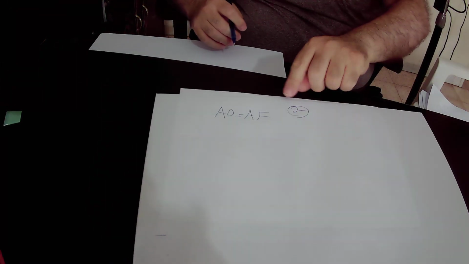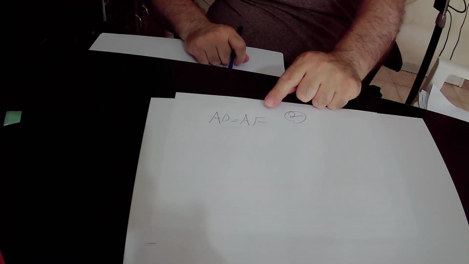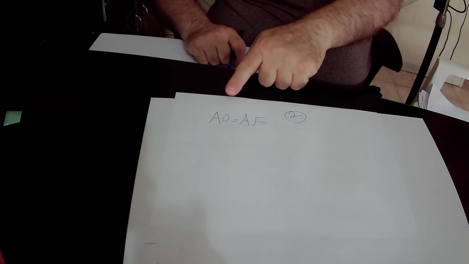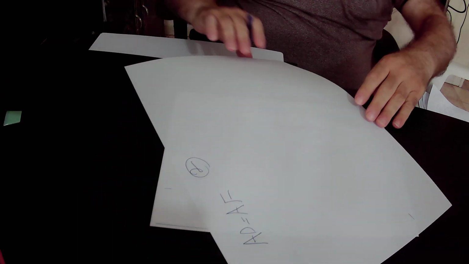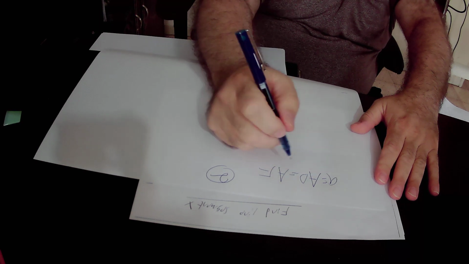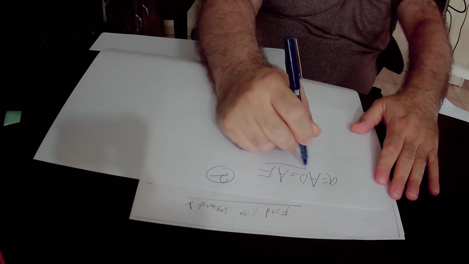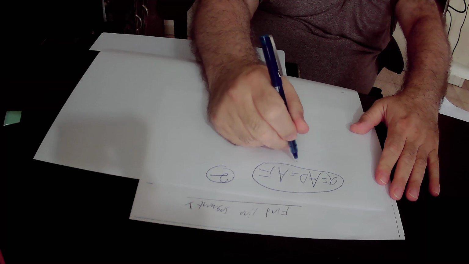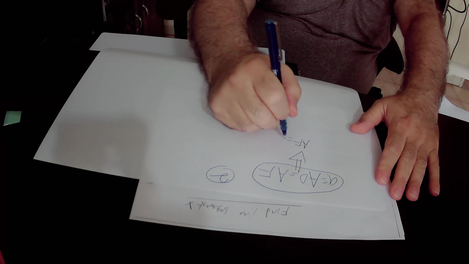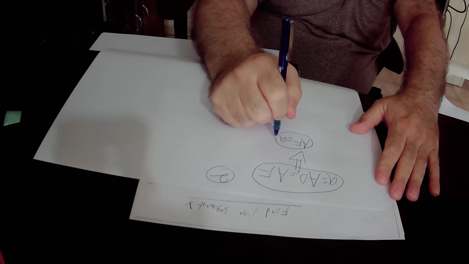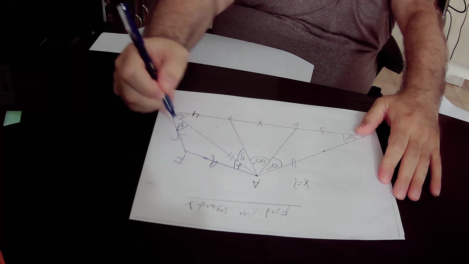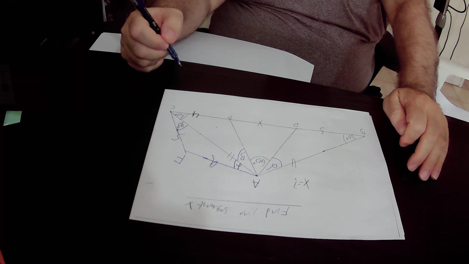Again, according to the same rule, the corresponding sides in congruent triangles are equal to each other. So if we define side AD as A, here AD equals A according to our definition. From this equation, A equals AD equals AF, we derive that side AF is also equal to A.